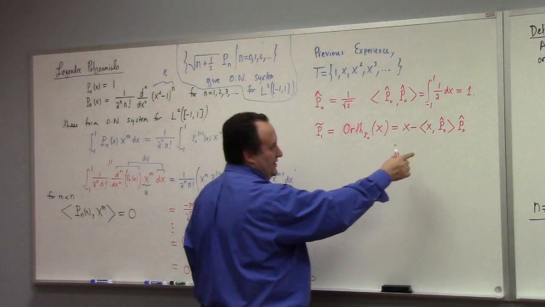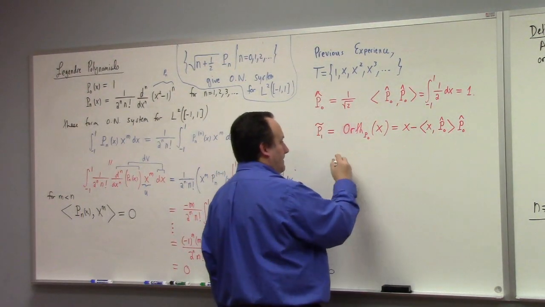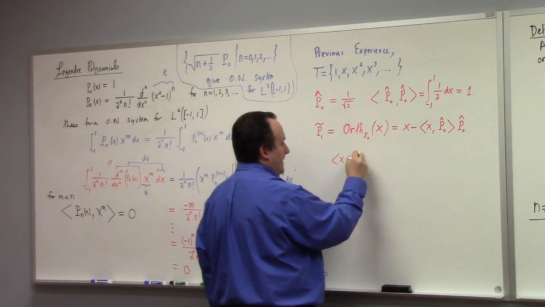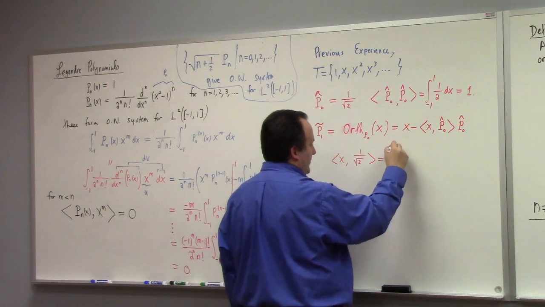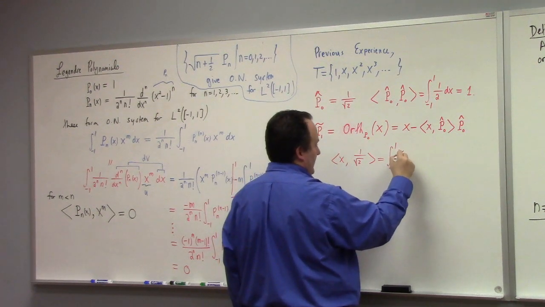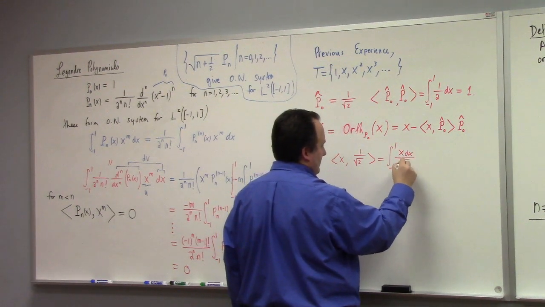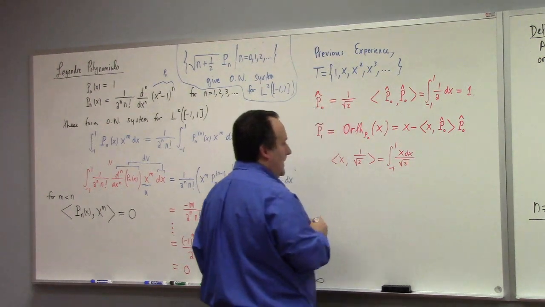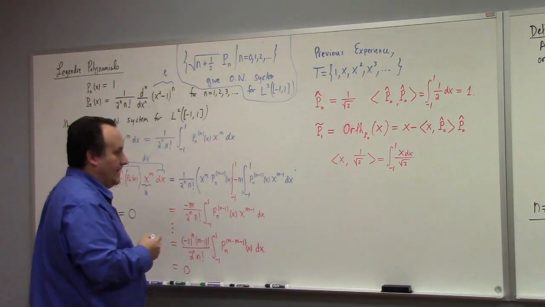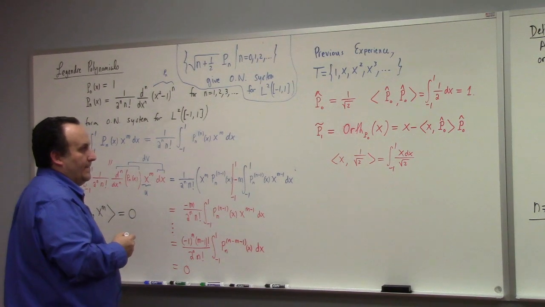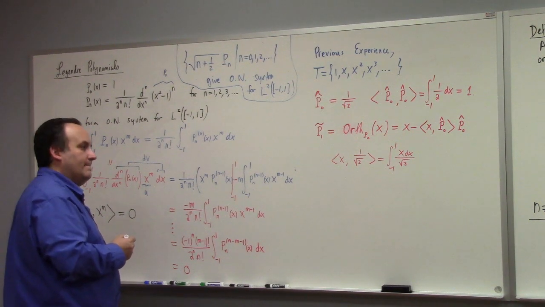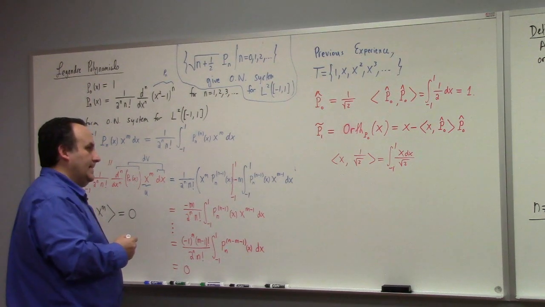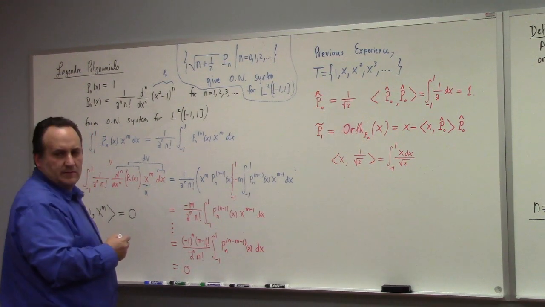So what is this? Well, this is the integral from minus 1 to 1 of x dx over square root of 2, which is what? Isn't that 0?